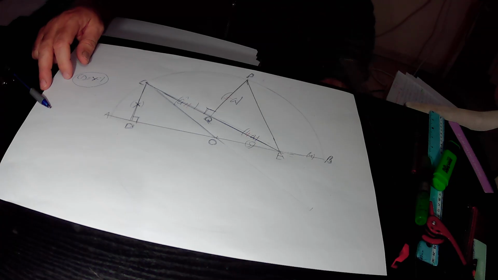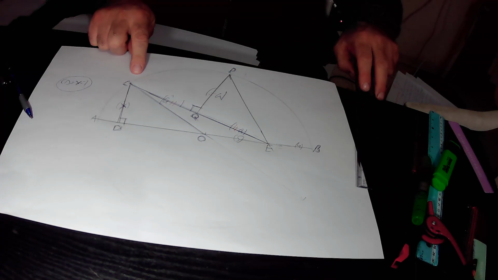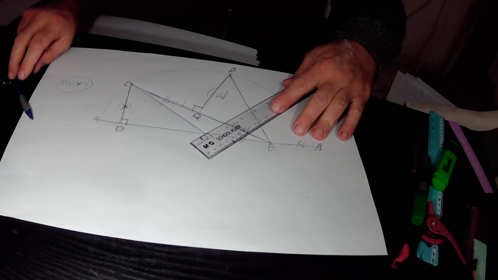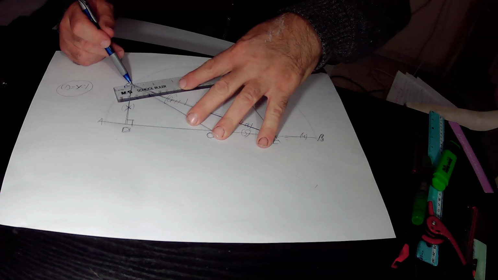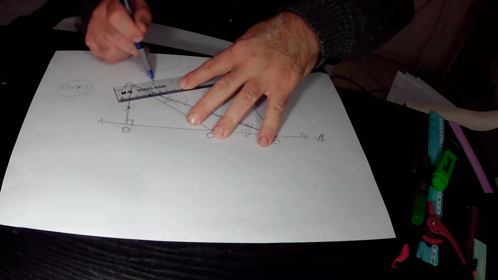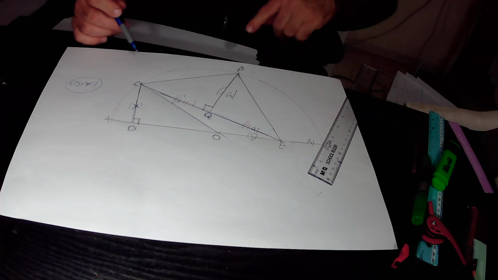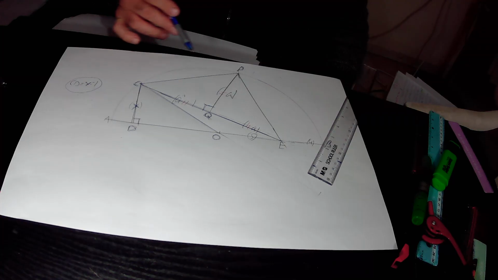So first of all, we will join points C and P together by a straight line. By joining points C and P, we create the right triangle CPQ.